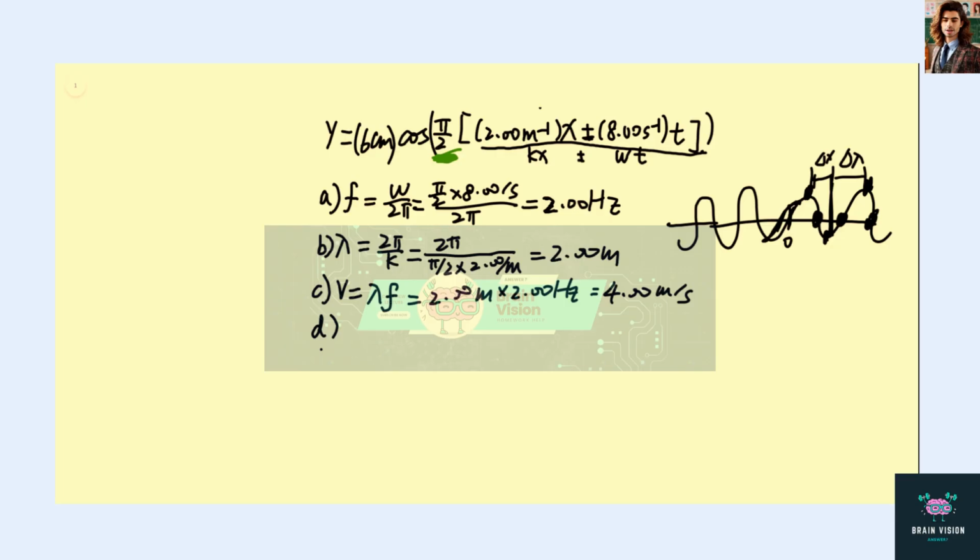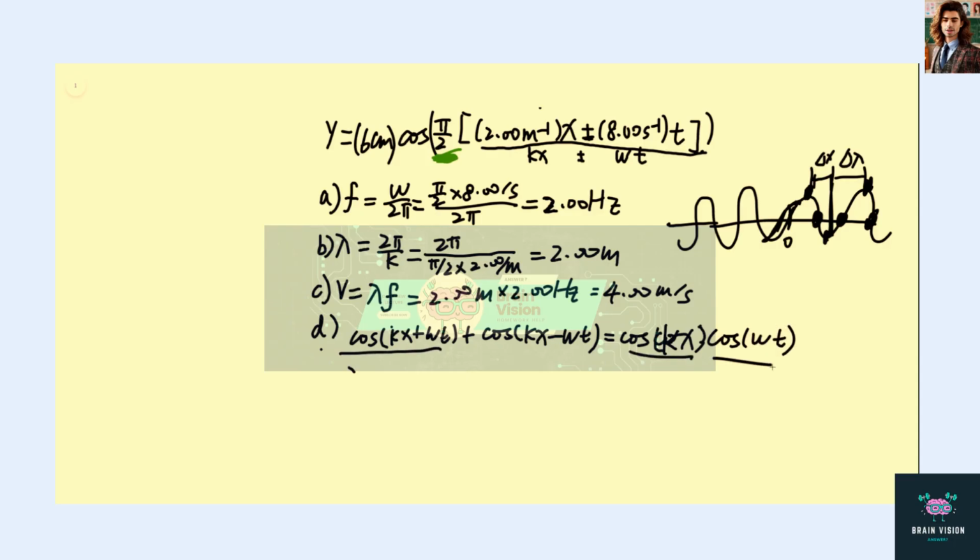If we have two equations like cosine of kx plus omega t plus cosine of kx minus omega t, the first equation will be cosine kx cosine omega t minus sine kx sine omega t, and the second one will be cosine kx cosine omega t plus sine kx sine omega t. So when you add them together, the second term cancels, and you're left with 2 times cosine kx cosine omega t.